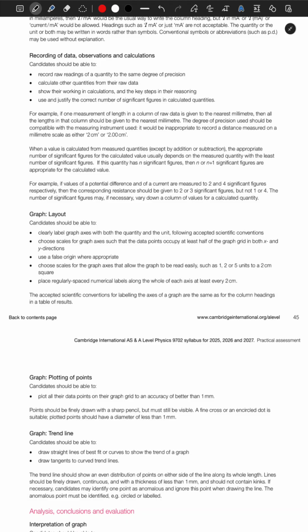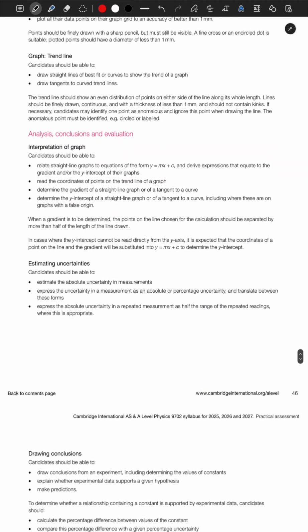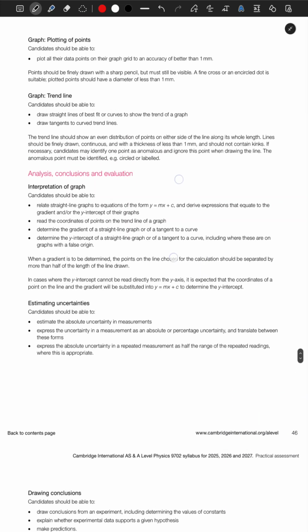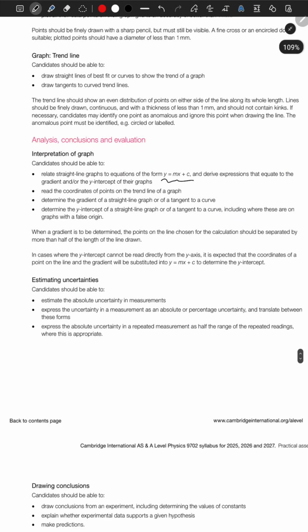For example, if you have a curve, you need to know how to calculate the gradient at a point on the curve. You have to draw a tangent to the curve and calculate the gradient at this specific point. Also, you have to interpret the graph, give an analysis and a conclusion. You have to use the linear law, y equals mx plus c, and solve related problems.